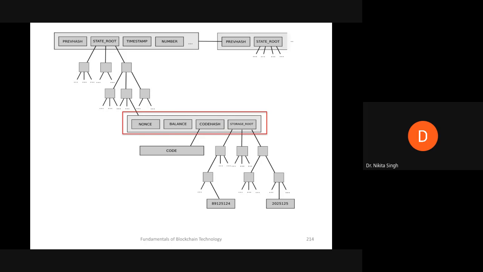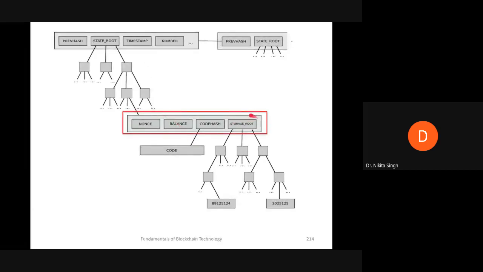All the data that is present within an account is stored in the storage root. That is all the information about me, my Ethereum address, how much my account has, how many transactions have been sent, how many have been received, what kind of code I have executed. All of that information is present in the storage tree here.